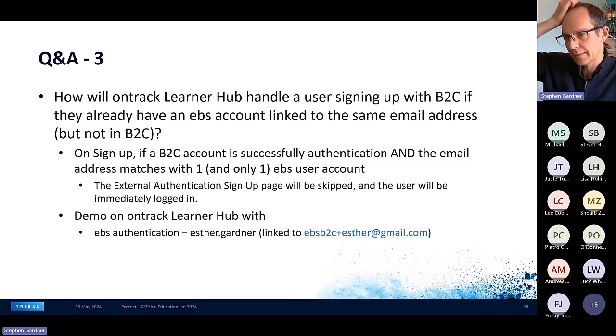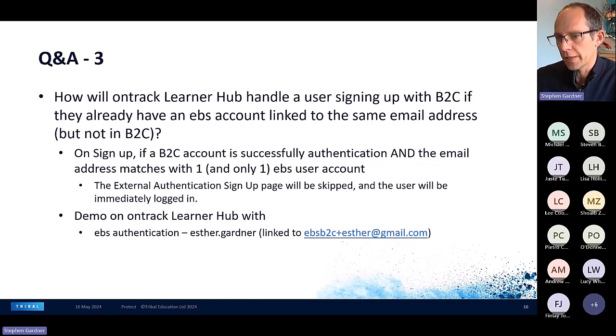Okay, so this is a scenario that you may find yourself in during this transition phase. When everyone's logging in with EBS, it's simple. When everyone's logging in with B2C, it's relatively simple. It's that in between where some users have got EBS accounts, some users have got B2C. And the way we've tackled this is on the sign up.